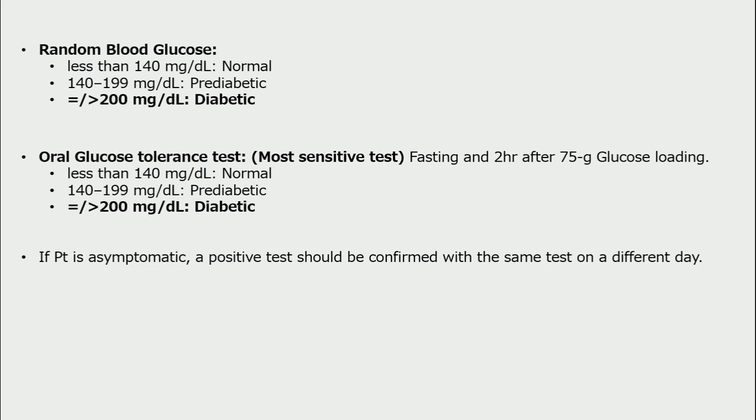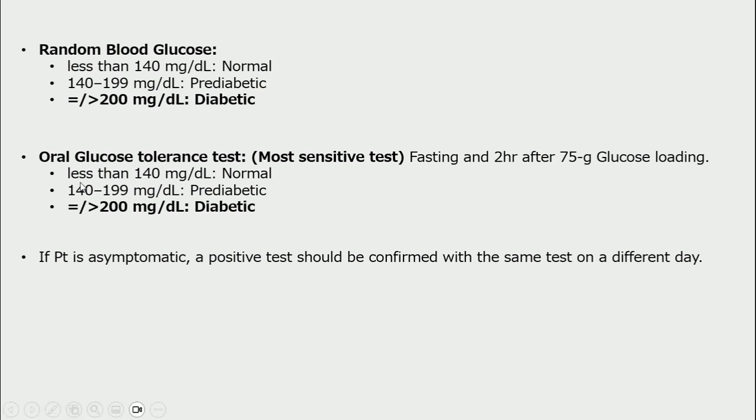And the random blood glucose, if it's less than 140 it is normal, 140 to 199 is pre-diabetic, and equal to or greater than 200 it will be diabetic. And one more, which is a more sensitive test, is the oral glucose tolerance test. We do this test two times: once fasting, and then we give 75 grams of glucose loading, and after 2 hours we repeat the test.